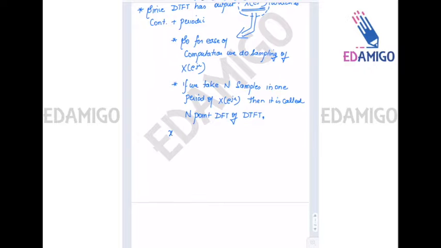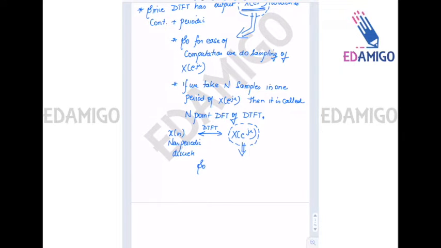So x[n] was a non-periodic discrete signal. It has DTFT X(e^jσ). Now I am doing the sampling of this. So I know that it is periodic with period 2π, and in one period I am taking capital N samples.